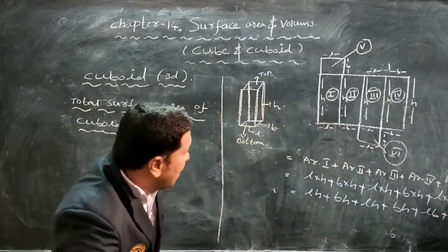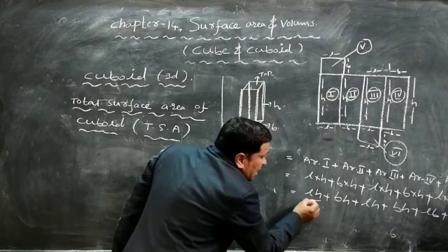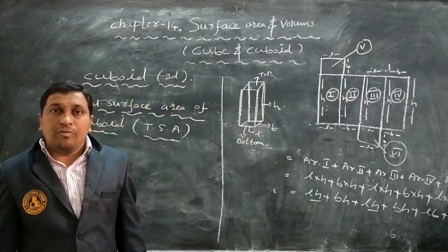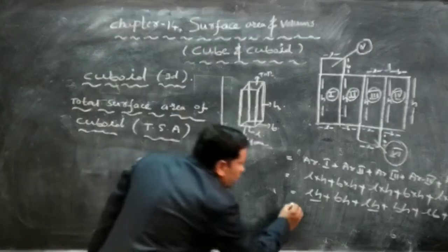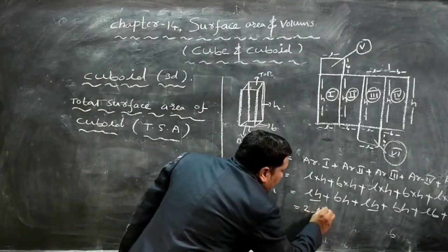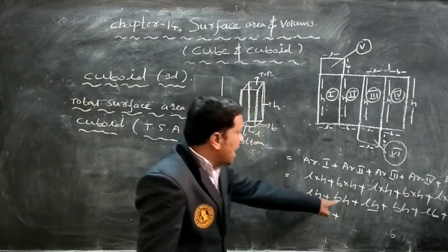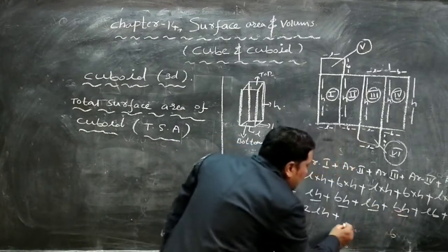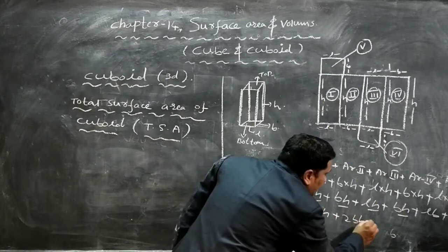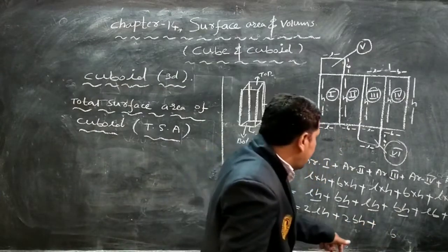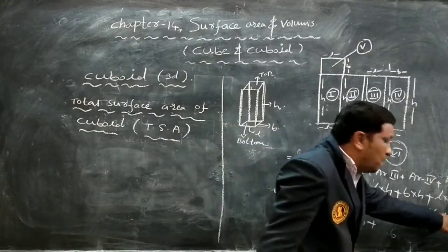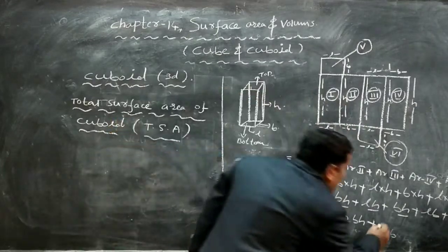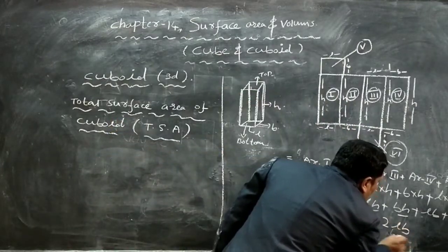So here we have to add LH, LH: 1 LH plus 1 LH is equal to 2 LH. 2 LH plus BH, BH: 1 BH, 1 BH means 2 BH, plus LB plus LB means 1 LB plus 1 LB is equal to 2 LB.